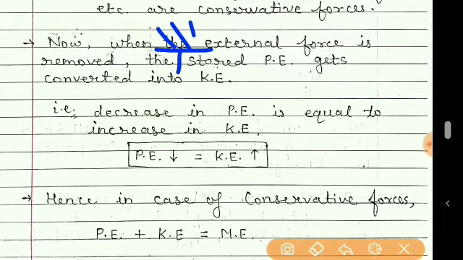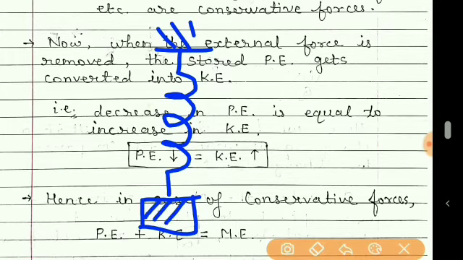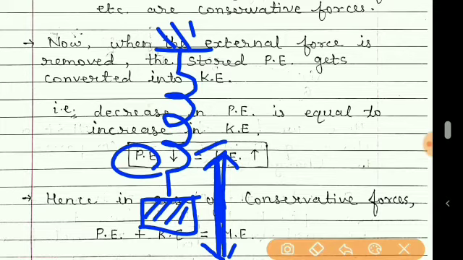We have studied in simple harmonic motion that when an object is suspended with a spring and if it is pulled downward and then released, it will start its oscillations. So when it moves up and down, potential energy and kinetic energy they get interconverted.